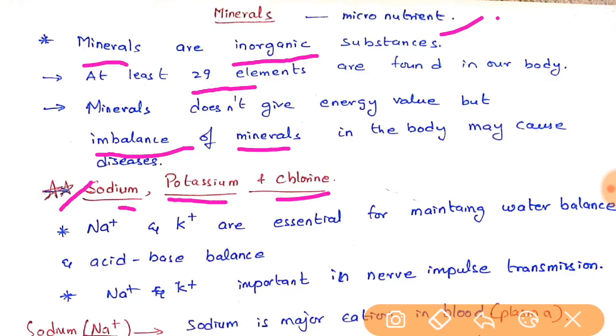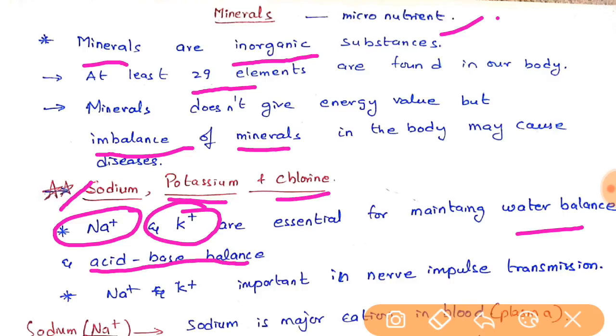Sodium in the form of Na+ ions and potassium in K+ ions are essential for maintaining water balance as well as acid base balance, friends. And also the sodium and potassium ions are very important in nerve impulse transmission.